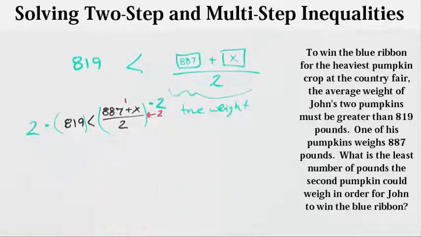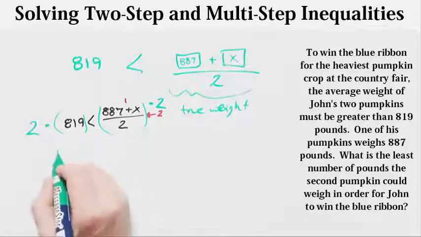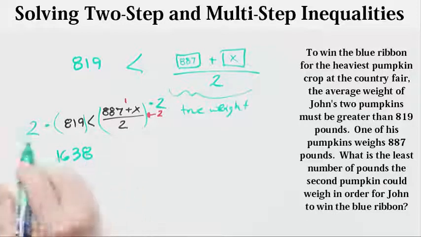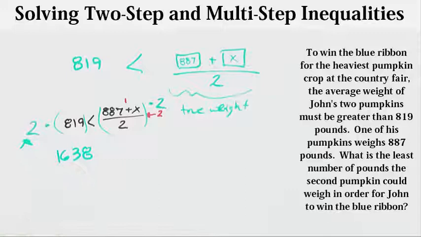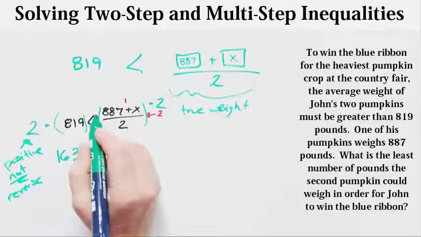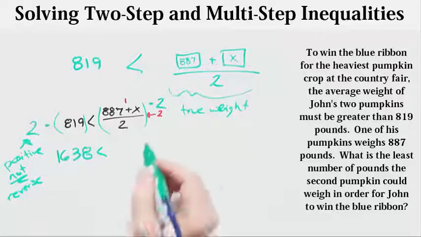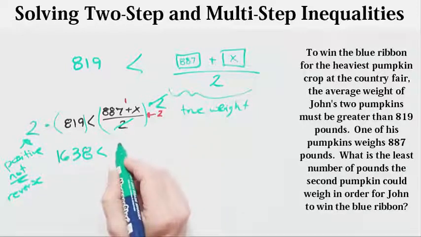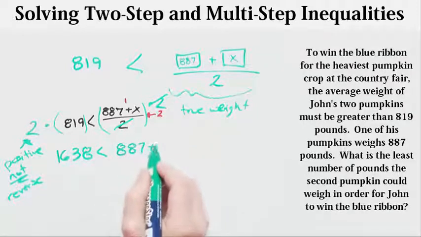2 times 819 is 1638. I multiplied by a number, so I need to stop and think. This is a multiplied by a positive. If you multiply by a positive, you do not reverse. So my symbol is going to stay the same. It is less than. A multiplied 2 gets rid of divided by 2. So I have 887 plus x.